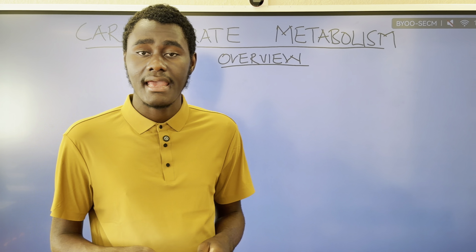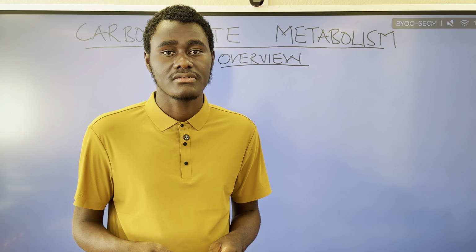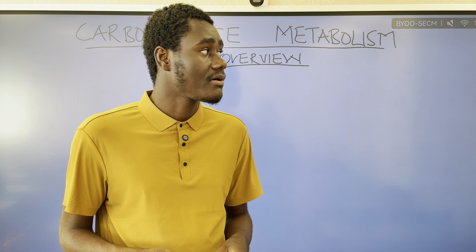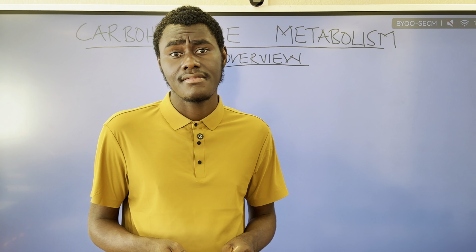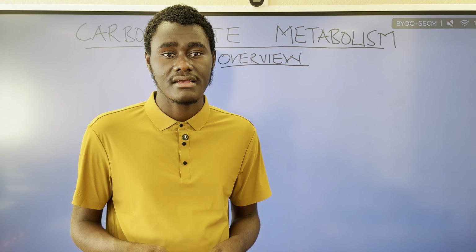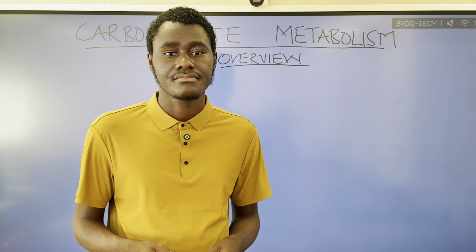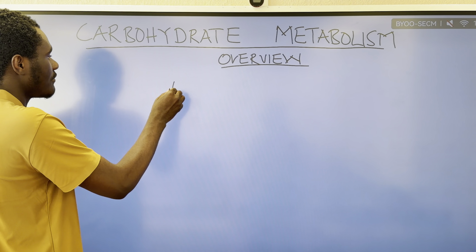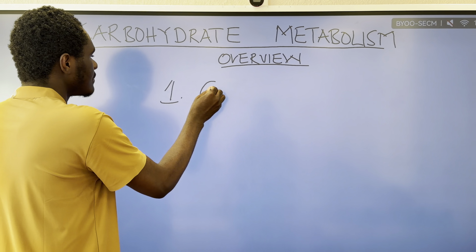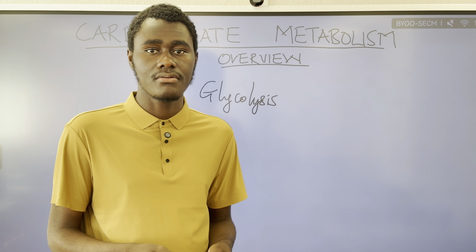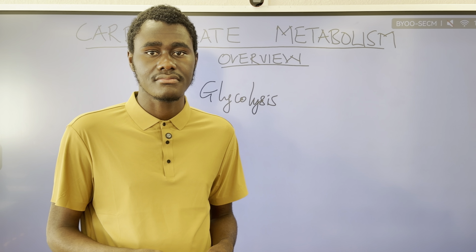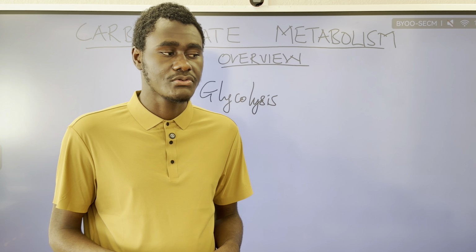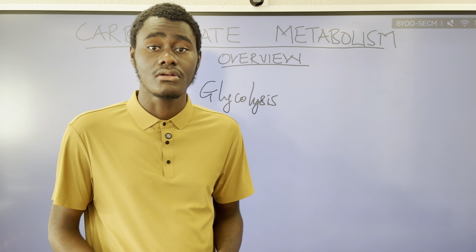To better understand any pathway, you need to understand specific terms. And for carbohydrate metabolic pathways, there are specific terms that you need to understand, and you should be able to distinguish between them. One of the most important pathways in carbohydrate metabolism is glycolysis. Glycolysis, so to break down sugar. And the most important here is glucose.